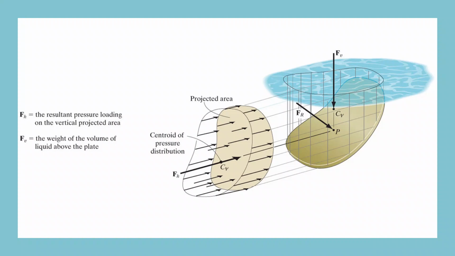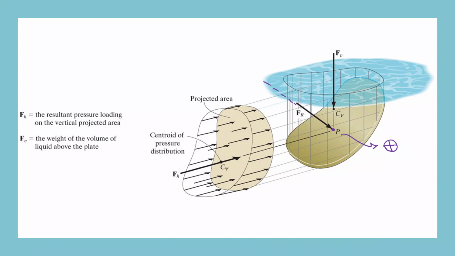This slide does a great job recapping what I've been talking about. Whenever you are faced with solving a problem involving a curved surface submerged underwater, you need to calculate the horizontal and vertical components of the resultant force. You can see here the resultant force, this is the line of action, and you can see the resultant force acts on the center of pressure. This is the center of pressure.